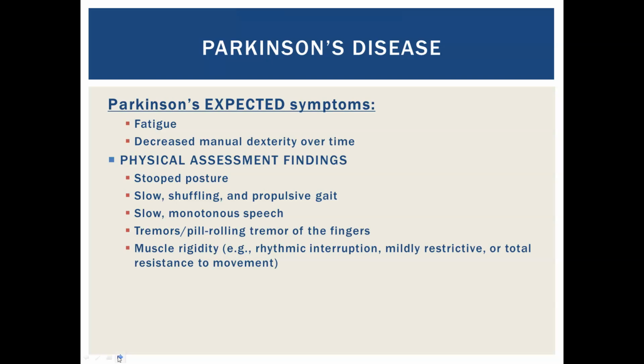You're going to have intention tremors, so unlike MS, where we have tremors with movement, here we could have tremors or a pill rolling kind of activity with our fingers at rest. You're still going to expect some sort of muscle rigidity. Some of these rhythmic interruptions can be restrictive, mildly or totally. Depends on the severity of your signs and symptoms.